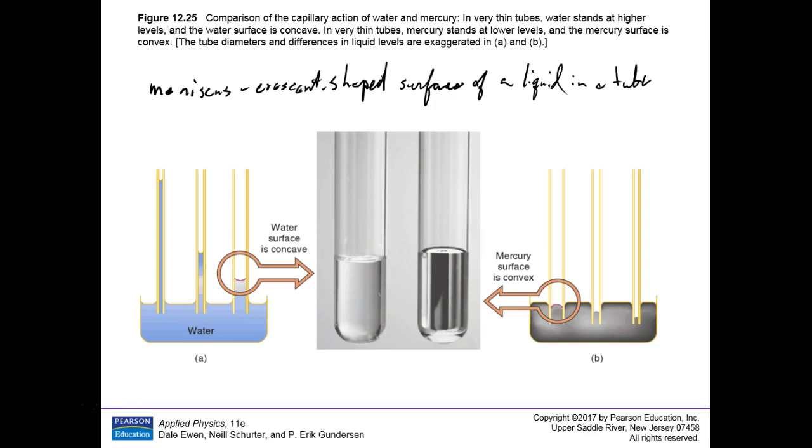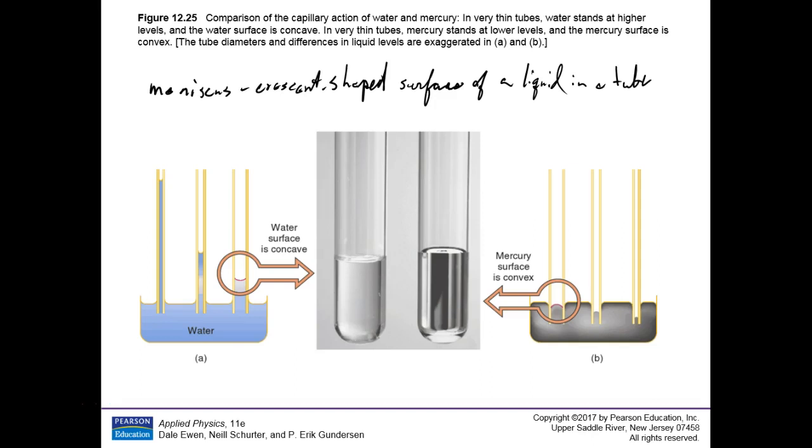Experimentally, scientists have found that liquids rise in capillary tubes that tend to wet, and are depressed in tubes that tend not to wet. In other words, if the tube will not be wetted by the liquid, it depresses it. If it will be wetted by the liquid, it raises it. Elevation or depression in the tube is inversely proportional to the diameter of the tube. That's what we saw there.